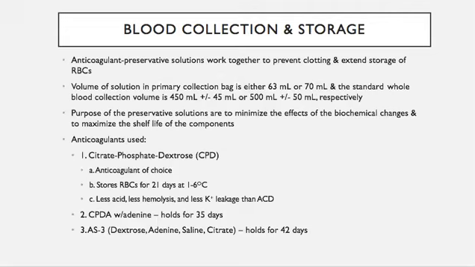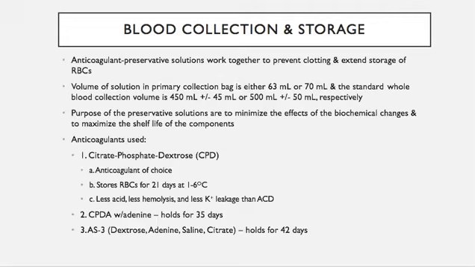The purpose of the preservative solutions is to minimize the effects of the biochemical changes and to maximize the shelf life of the components. Some of the most common anticoagulants that are used include citrate, phosphate dextrose, or CPD. This is usually the anticoagulant of choice. Allows for red cells to be stored for 21 days as long as they are kept refrigerated.